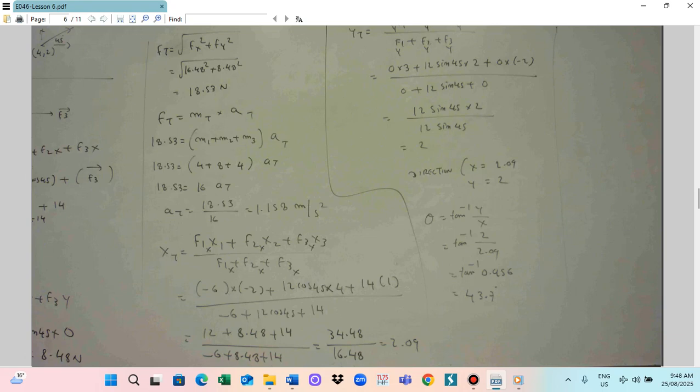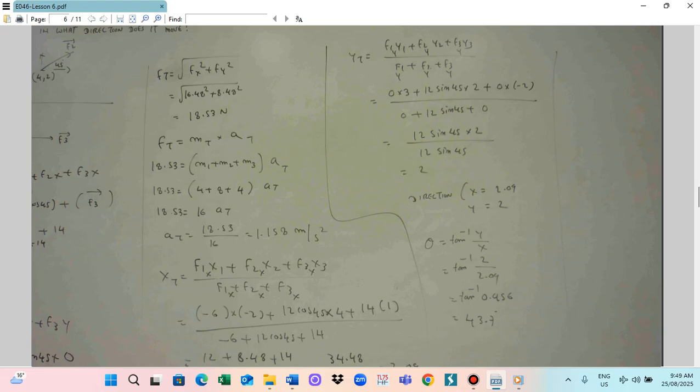So this will be solved. The numerator is 12 plus 8.48 plus 14, which is 34.48. And the denominator is 8.48 minus 6 plus 14, so that will be 16.48. So the X direction will be 34.48 divided by 16.48, which is 2.09.